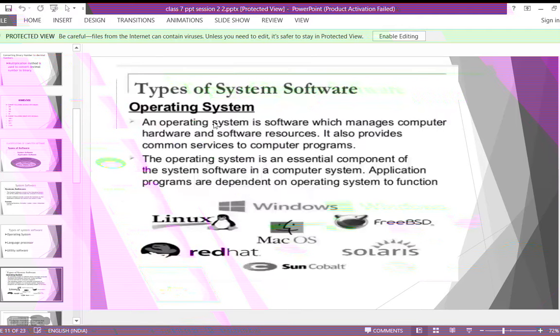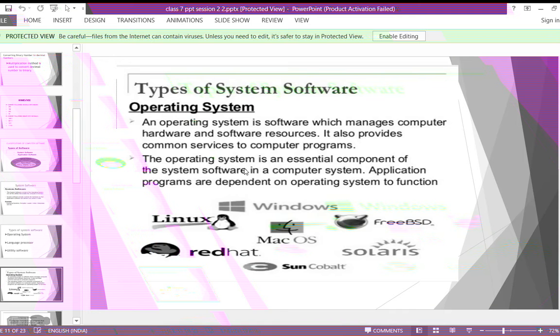So what do you mean by operating system now? An operating system is software which manages computer hardware and software resources. It also provides common services to a computer program. It means this operating system is your interface between the user and the hardware. Suppose you're sitting and working on a computer.